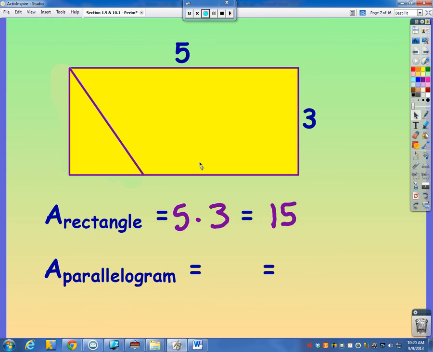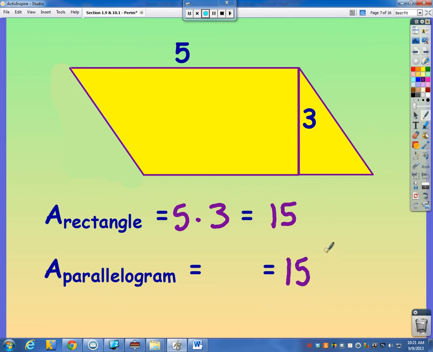Well, what if I drew a line, kind of slashed this corner, detached this corner, and stuck it over here on this end? Have I really gotten rid of any area from this original rectangle? And the answer is no. I've just taken some of the area and relocated it to another spot of the shape. This still has the same area of 15.